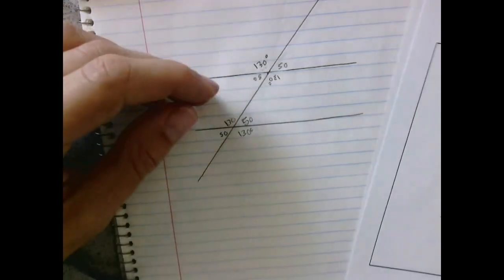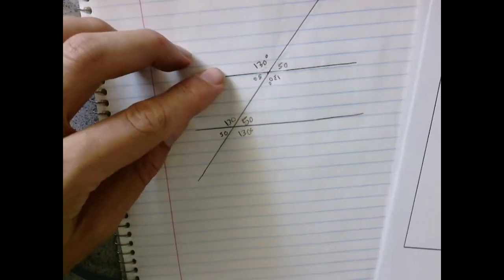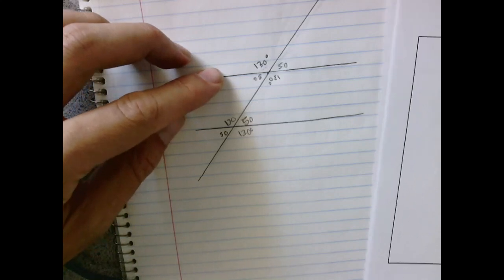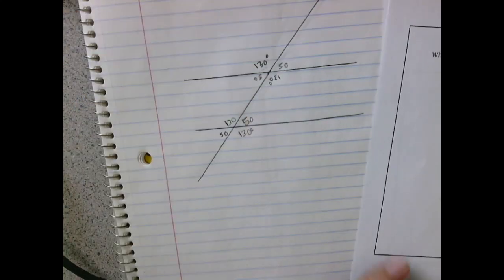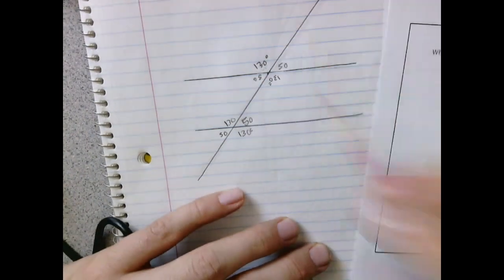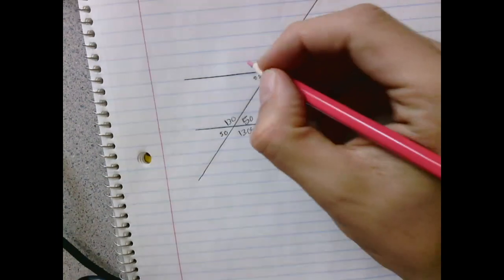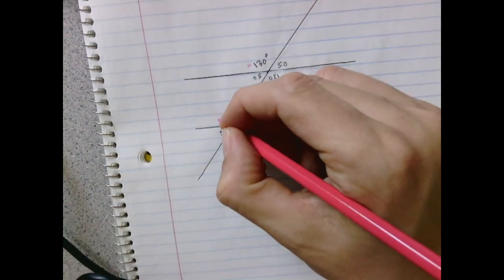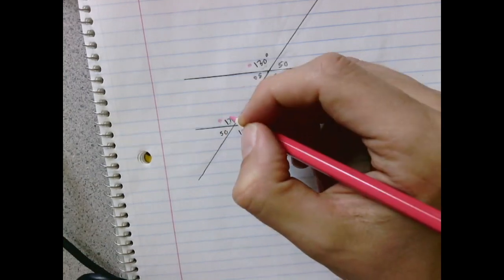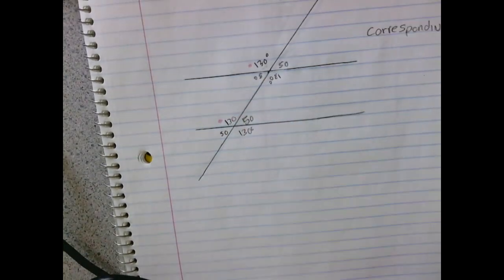Alright, so let's see, let's start with alternate interior angles. Actually, let's start with corresponding angles. So we have corresponding angles are in the same position but different line. So here I have a corresponding angle and a corresponding angle.